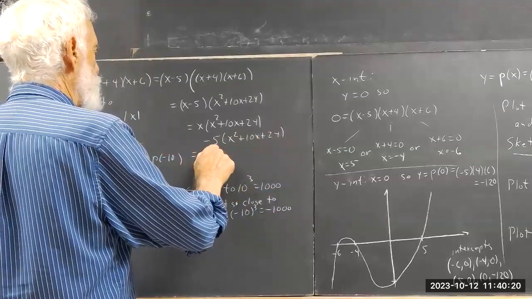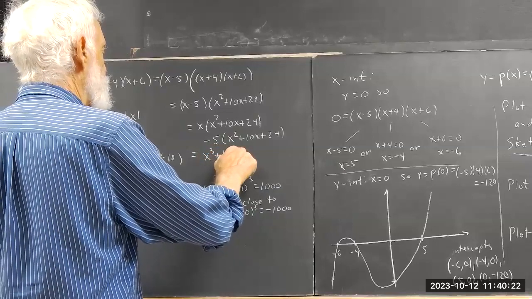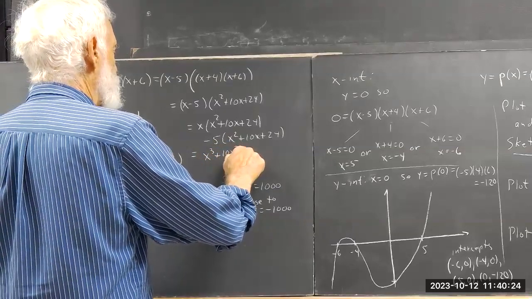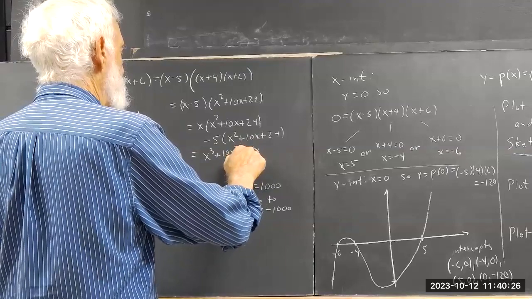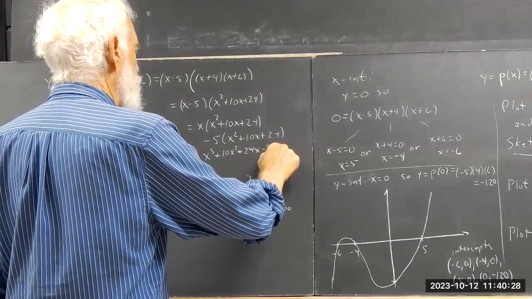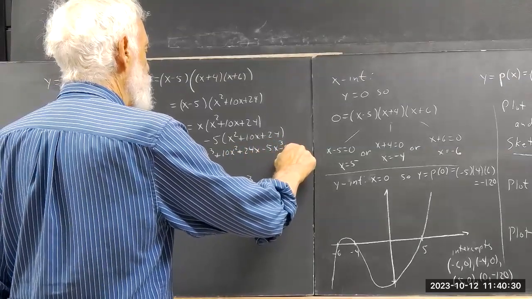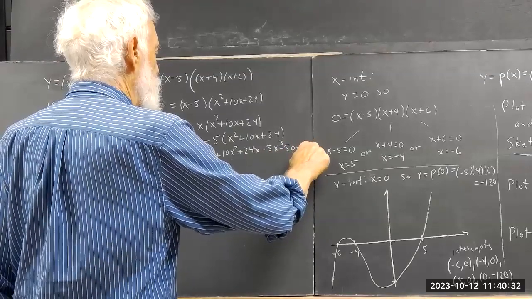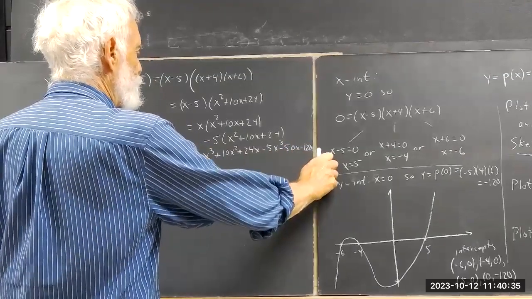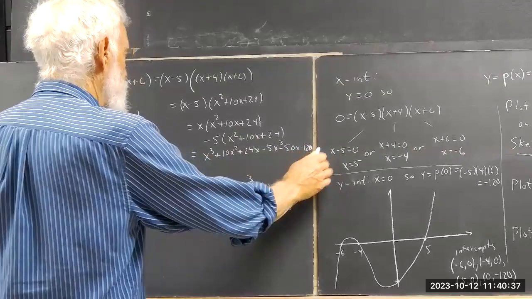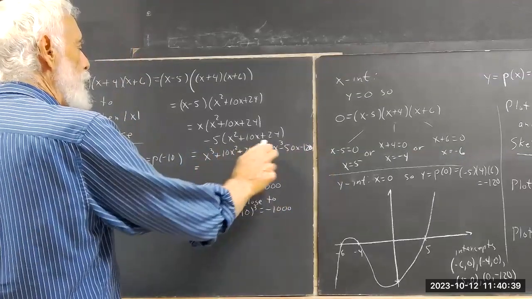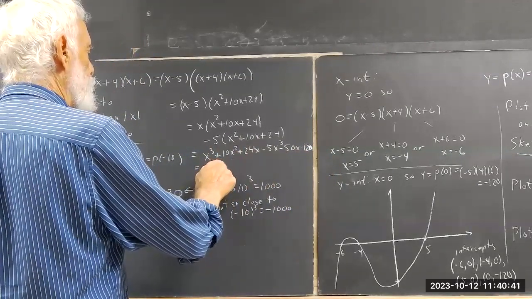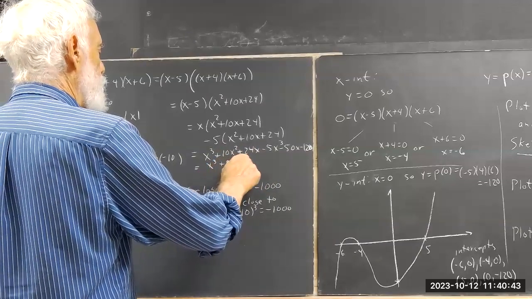That's going to equal x cubed plus 10x squared plus 24x minus 5x squared minus 50x minus 120. The 120 ran afoul of the edge of that board. We add our squares together, we get x cubed plus 5x squared.